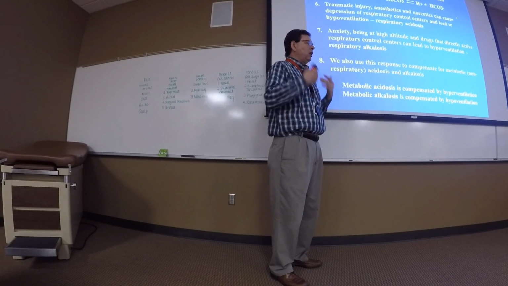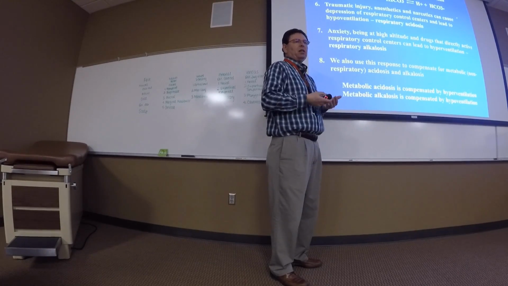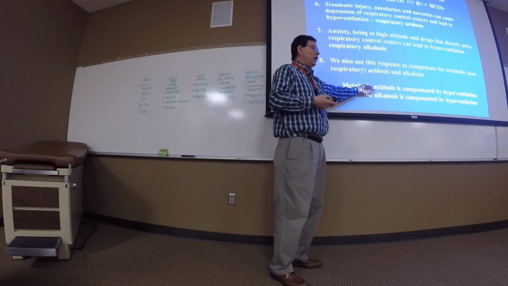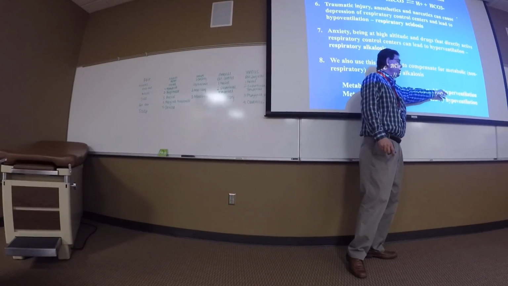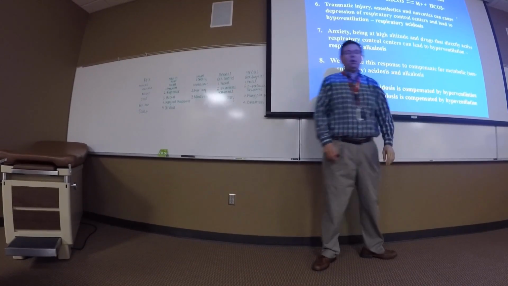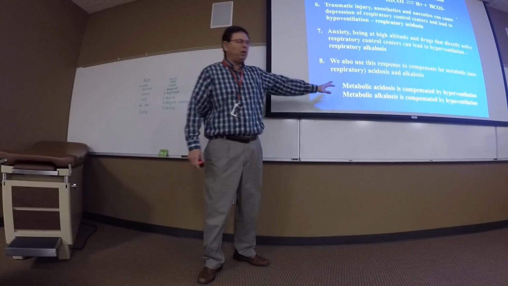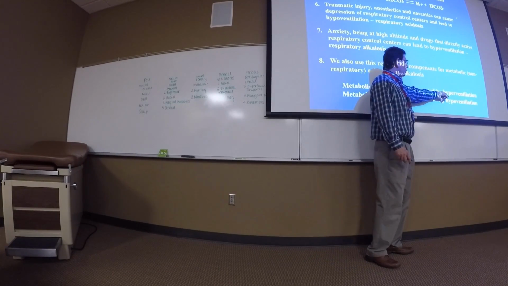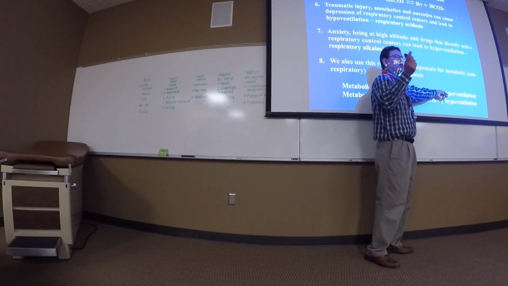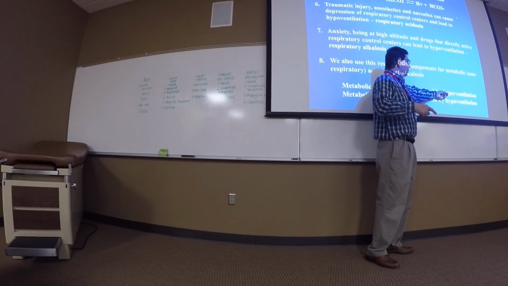They're ingesting a lot of acid. They're generating a metabolic acidosis. Well, the respiratory system can compensate for that metabolic acidosis by a maneuver that would normally cause just the opposite, a respiratory alkalosis. They hyperventilate.